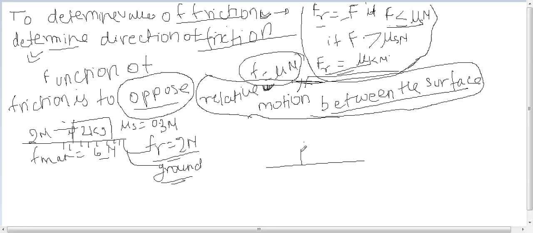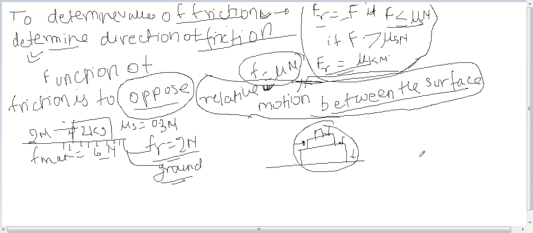These are very famous questions, given in every book, and a lot of people make mistakes. You apply a force on this, and people ask what is the friction force between these, what is the friction force here. In such a case it is very complicated to determine the friction.